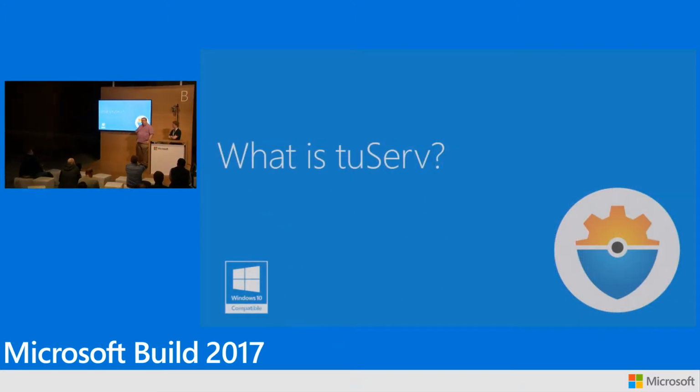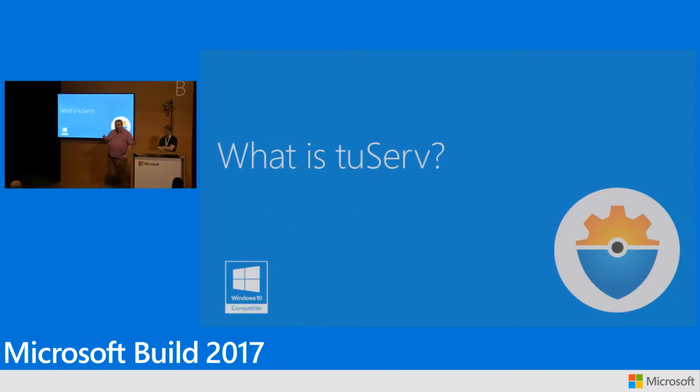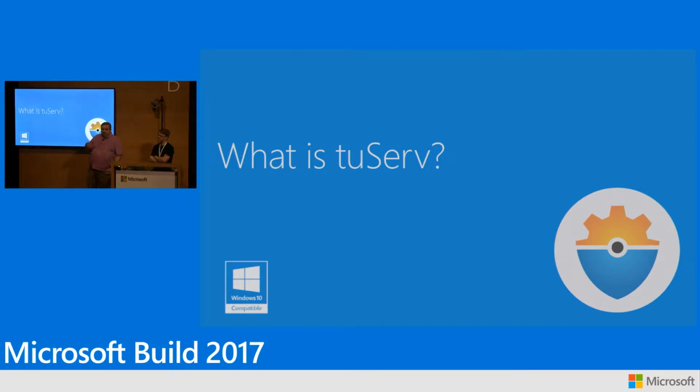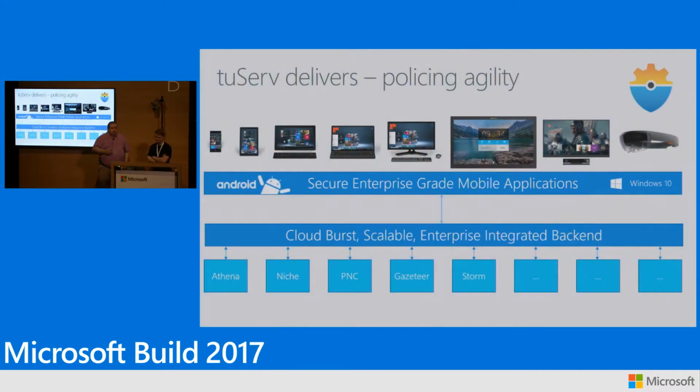We're going to be talking about a product we built for UK and European policing called 2Serve. I'll give you a background so you can understand what we're using and why we're doing UWP. We have a large-scale cloud-burst architecture in the background, which allows us to integrate to crime intelligence, PNC, PND, DVLA, motor vehicles, all those kinds of things.